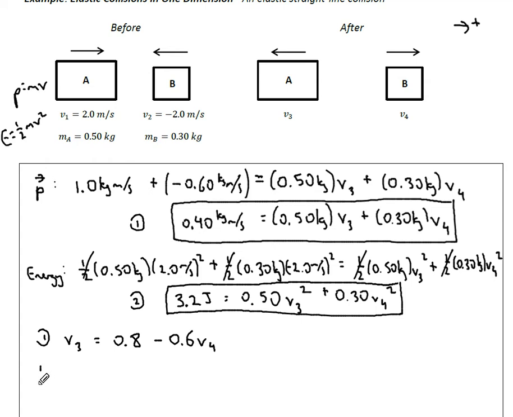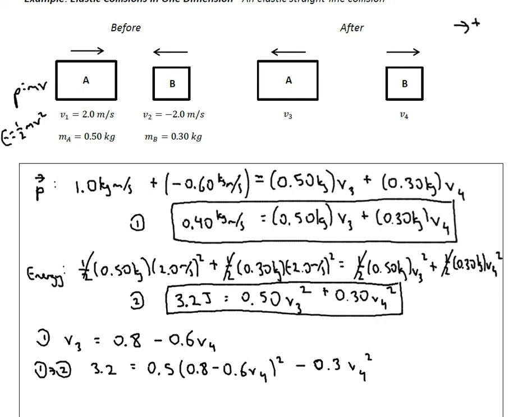Now I'm going to plug equation 1 into equation 2. So equation 2 is 3.2 is equal to 0.5 times (0.8 minus 0.6 V4), that's going to be squared, plus 0.3 V4 squared.